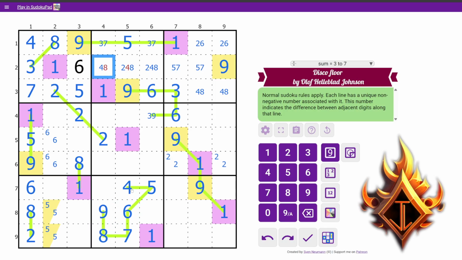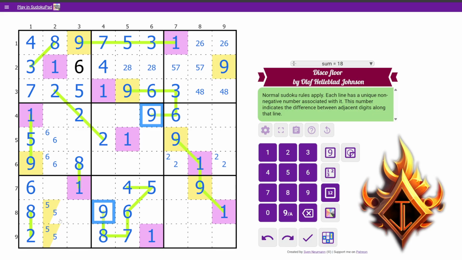That'll solve some in the top box as well. A little bit. Oh, this is already known too. That gave us the last yellows, I think.